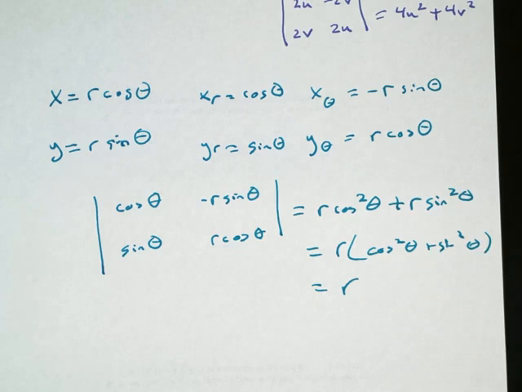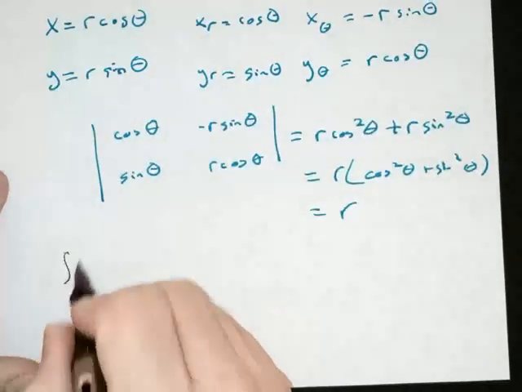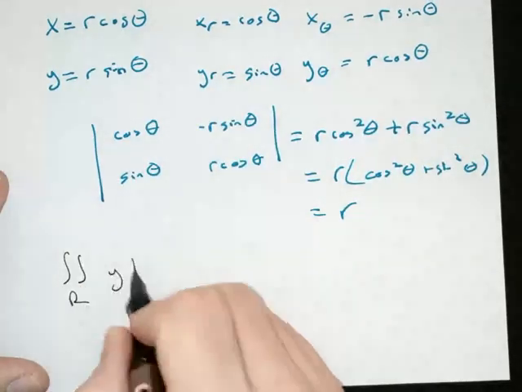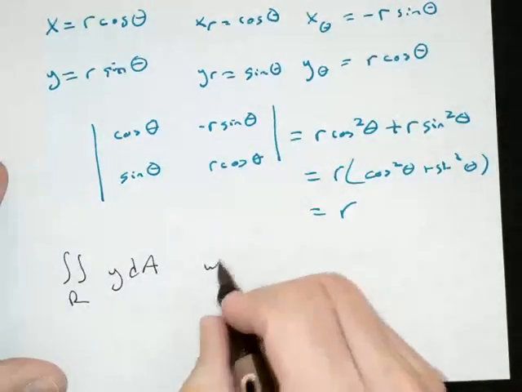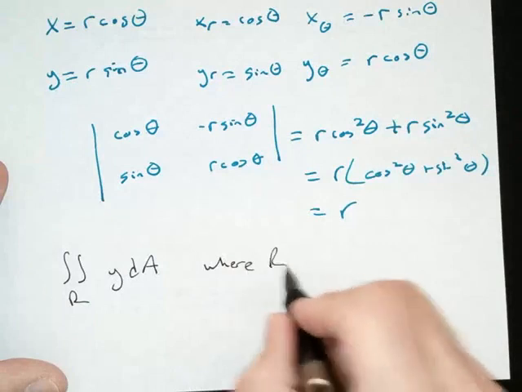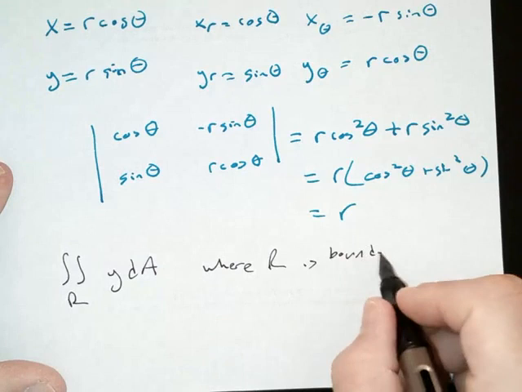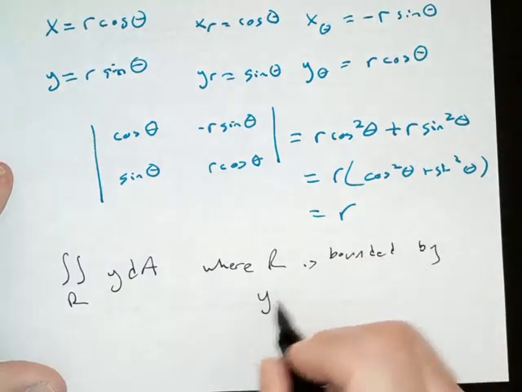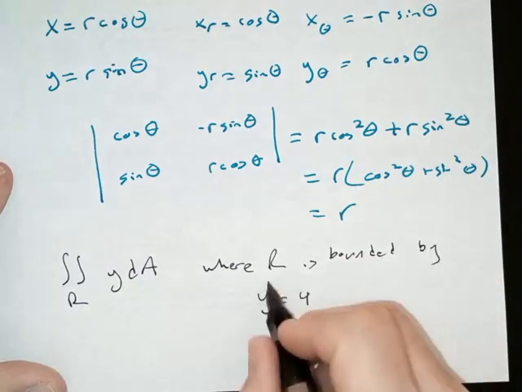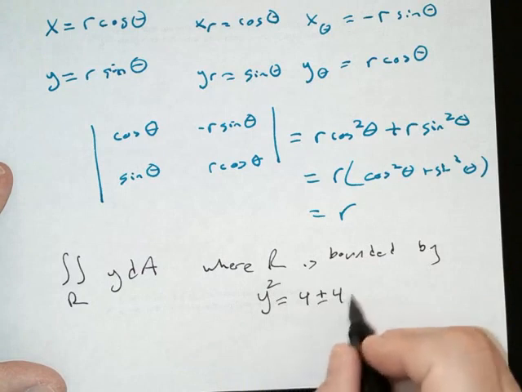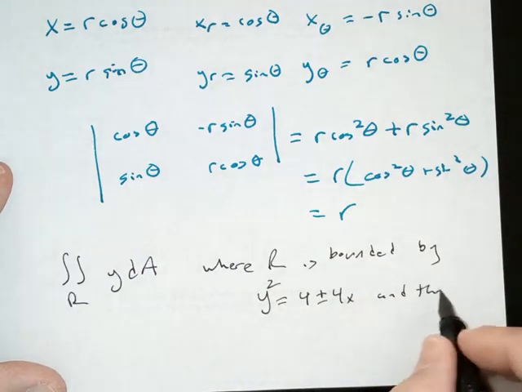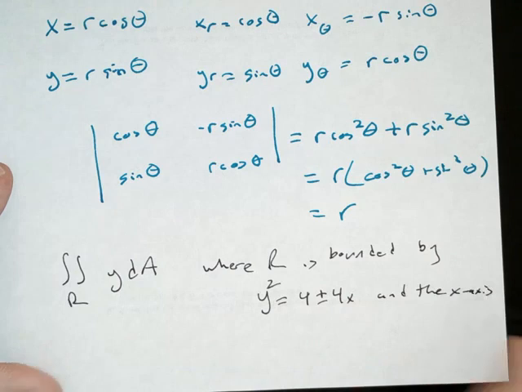Because I did all that work with the problem we were doing earlier, I could ask, let's do the integral over R of y dA, where R is bounded by y equals 4, y squared equals 4 plus or minus 4x, and the x-axis.